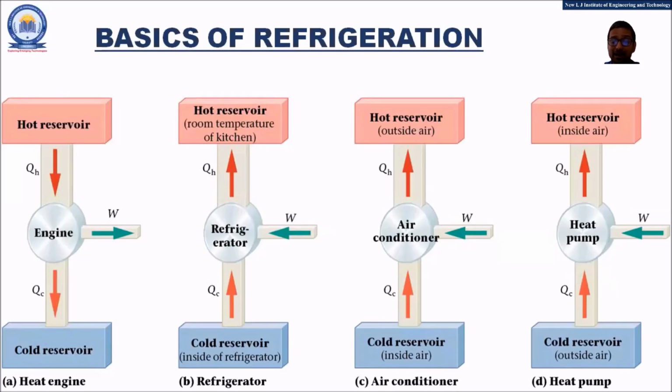Now friends, we are aware that according to the Clausius statement, it is impossible for an engine operating in a cycle to absorb heat from a body at lower temperature and deliver it to a body at higher temperature. Hence, we have understood that whenever we want to transfer heat energy from the body at lower temperature to the body at higher temperature, we always need to do work on the system.